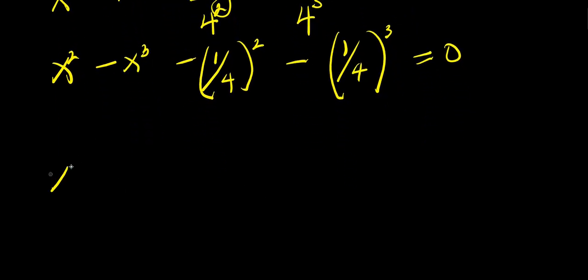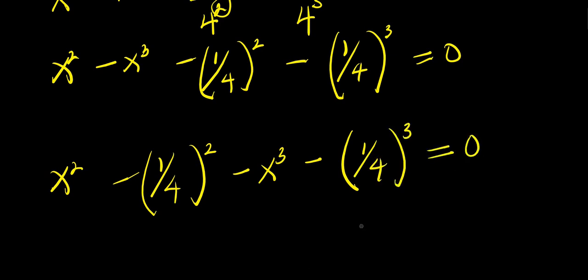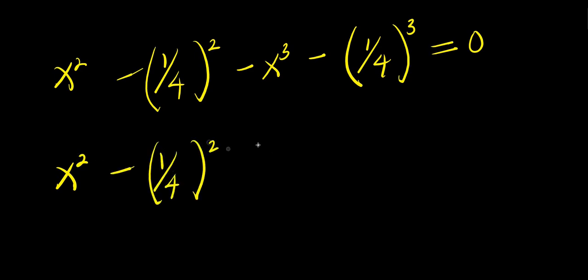So from here we can have x power 2, let's bring this one, minus 1 over 4 to the power of 2, then minus x power 3, and this is 1 over 4 to the power of 3 equals 0. So from here, we can have x power 2 minus 1 over 4 to the power of 2.